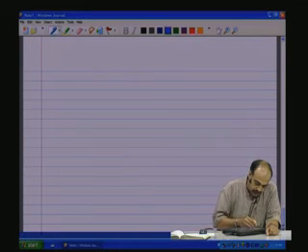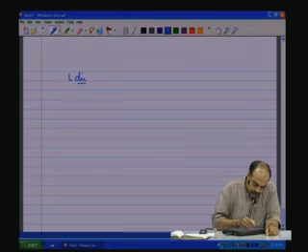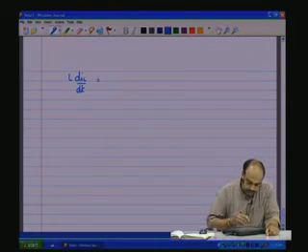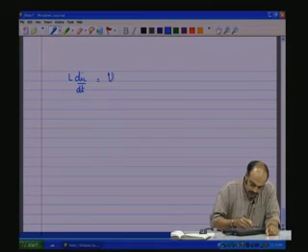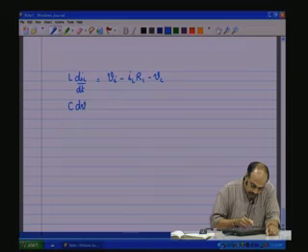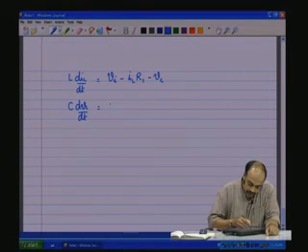Let me rewrite these two equations. L dIL by dt equals Vi minus IL R1 minus Vc, and the other equation, C dVc by dt equals IL minus Vc by R2.